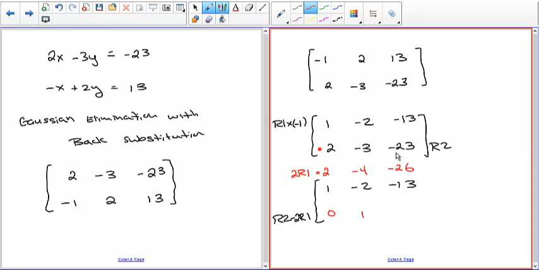Okay, so -23 minus a -26. Well, minus a negative is positive, so this is 23 plus 26, which would be 3.